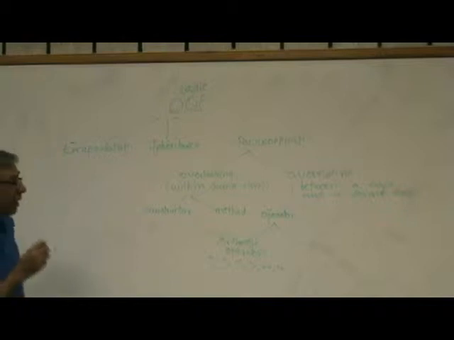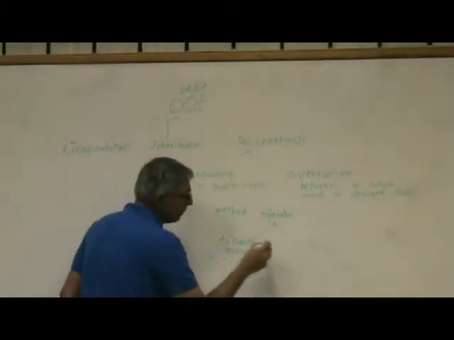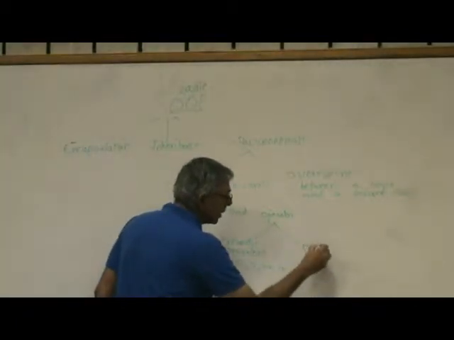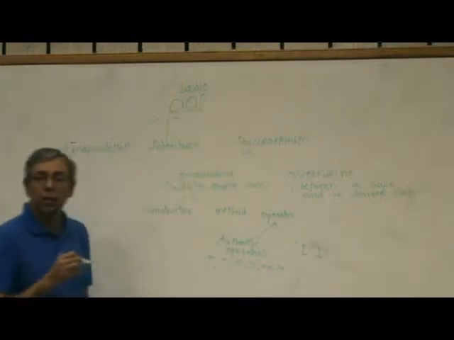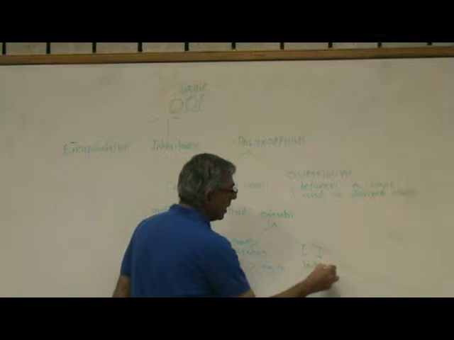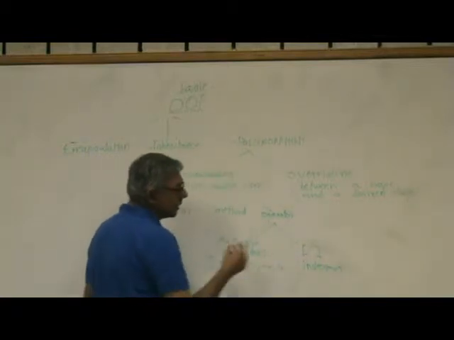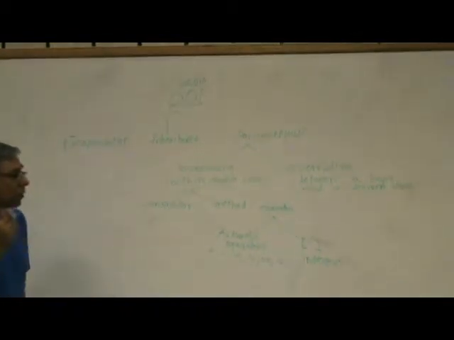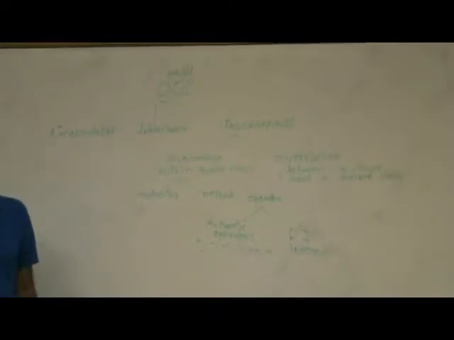The other category of the operator overloading was where we use these square brackets, and these are called indexers.